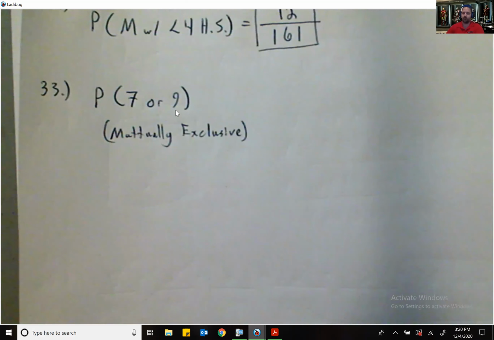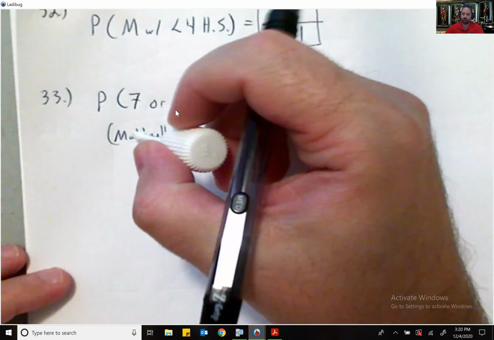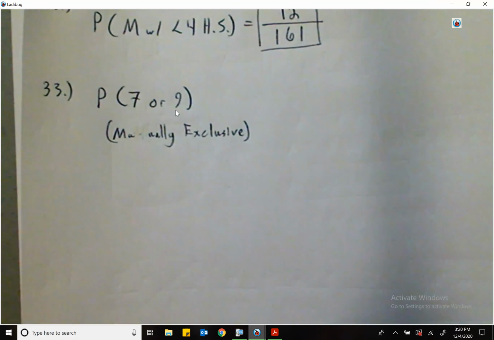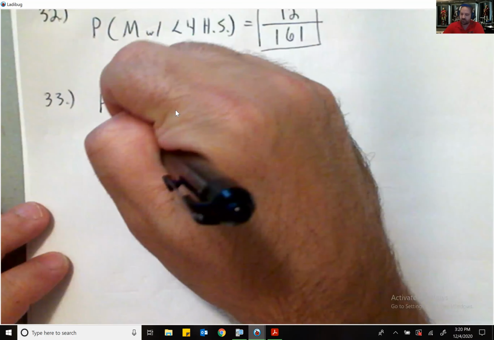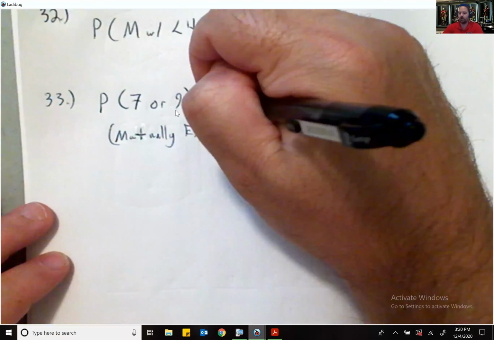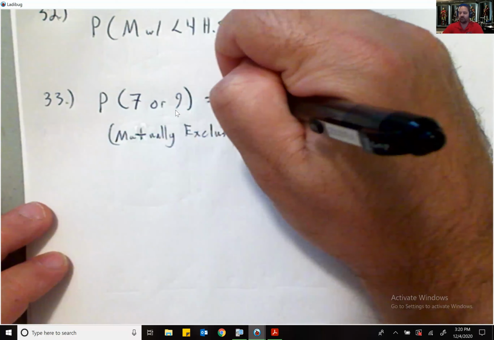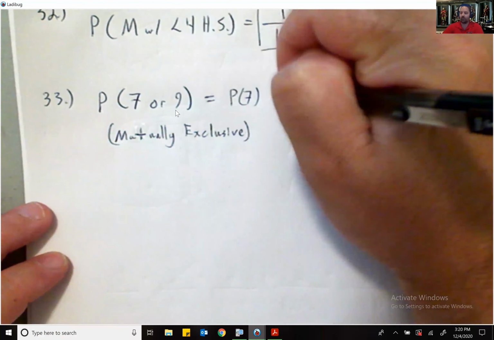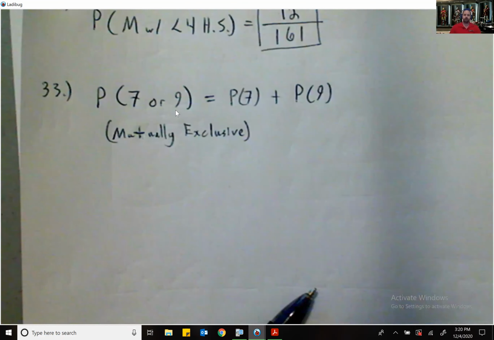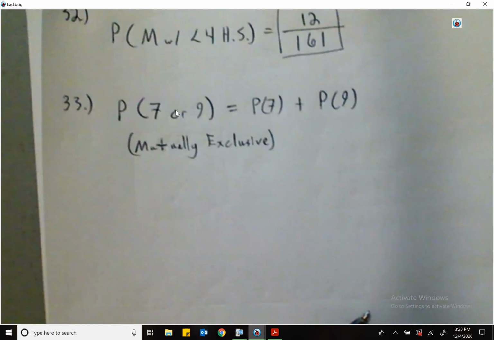What that means when you are mutually exclusive is that all you're going to do is find the probability of 7 and add it with the probability of 9. Okay?